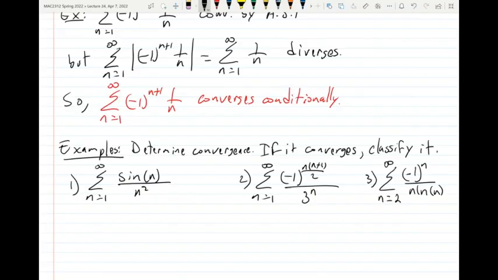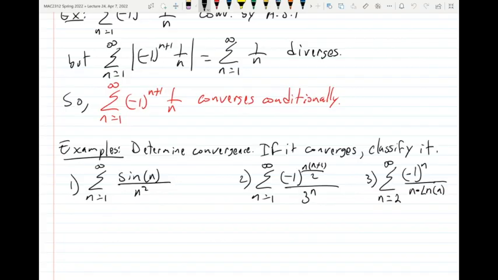So this is natural log of n. Okay. I'm going to put times, let's do it like that. Okay, all right.